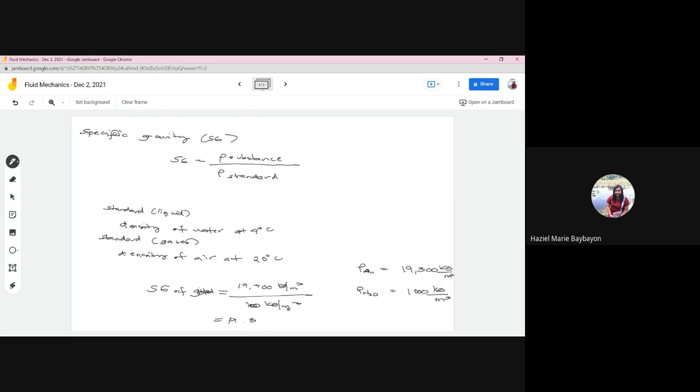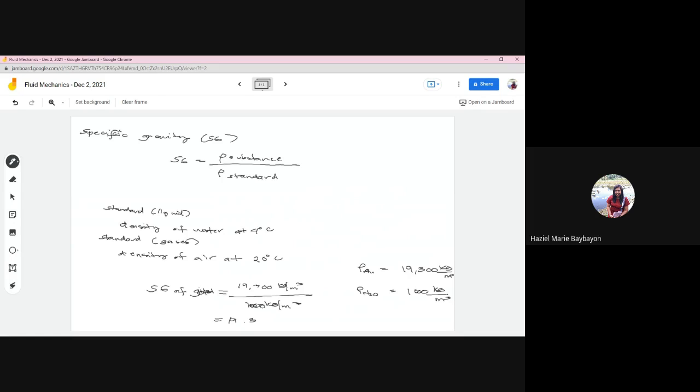So it has no units. 19.3, right? Is it 193 or 19.3? So it's 19.3, ma'am. Okay, thank you. So it's 19.3. The specific gravity of gold is 19.3.